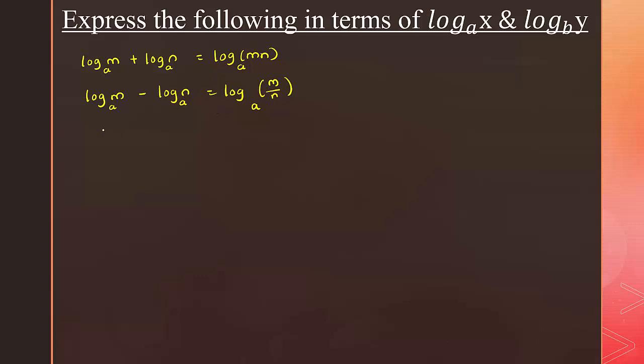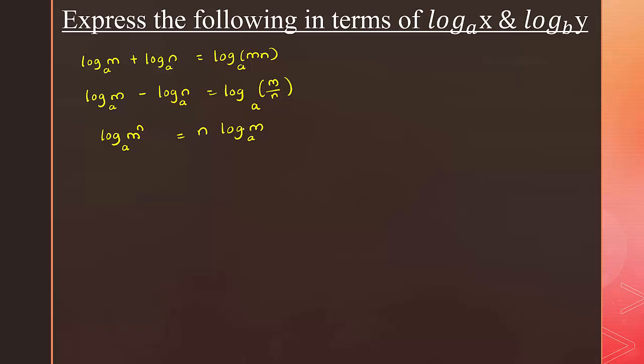And the last one, log m raised to n to the base a is equal to n log m to the base a. This is the logarithmic power rule. So these three rules we have studied in the previous video lecture. Using these rules, let us solve the given problems.